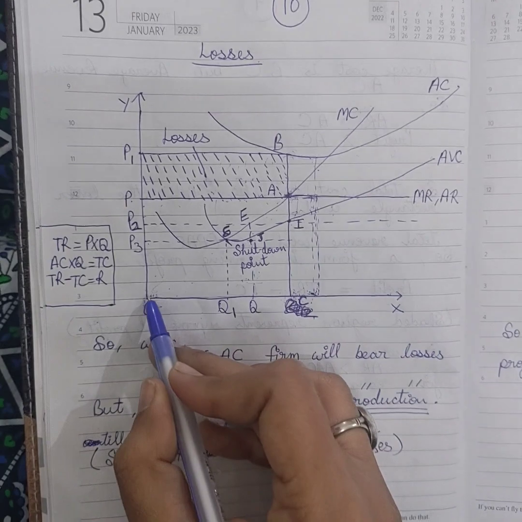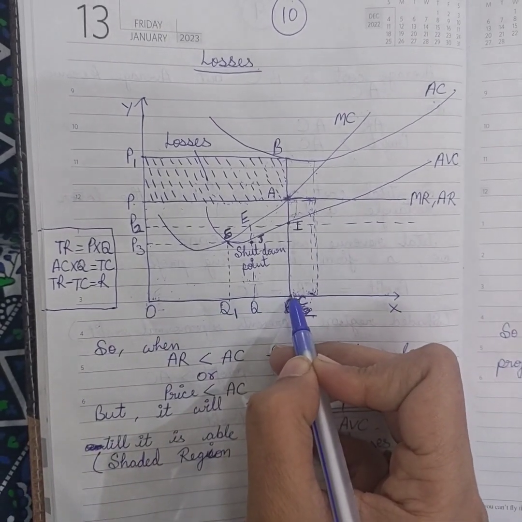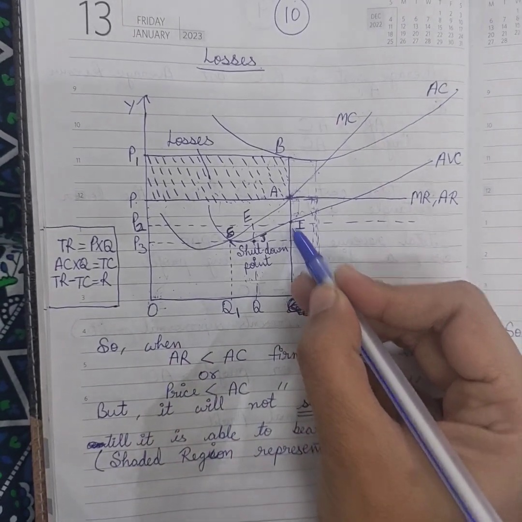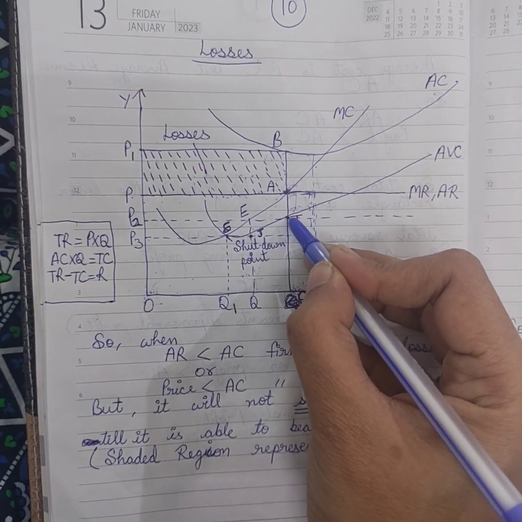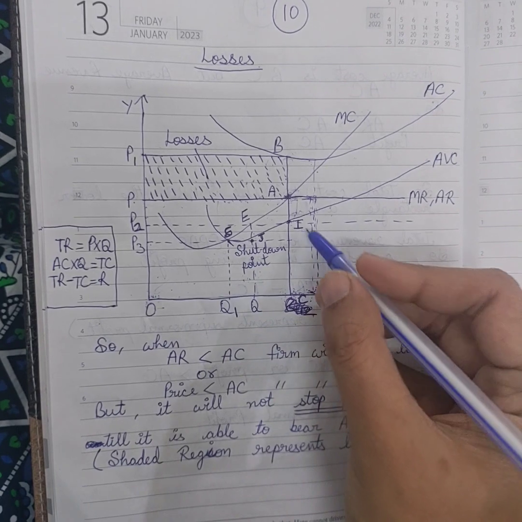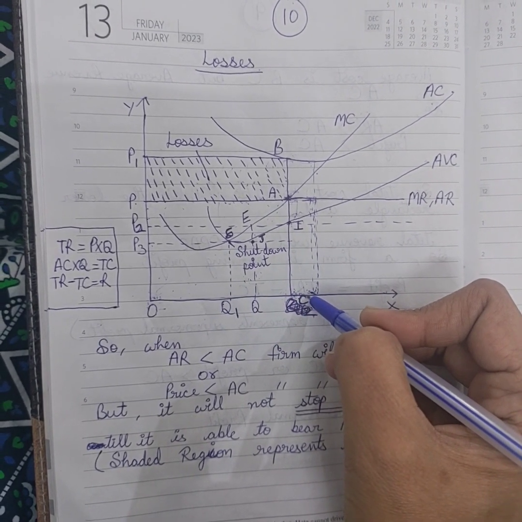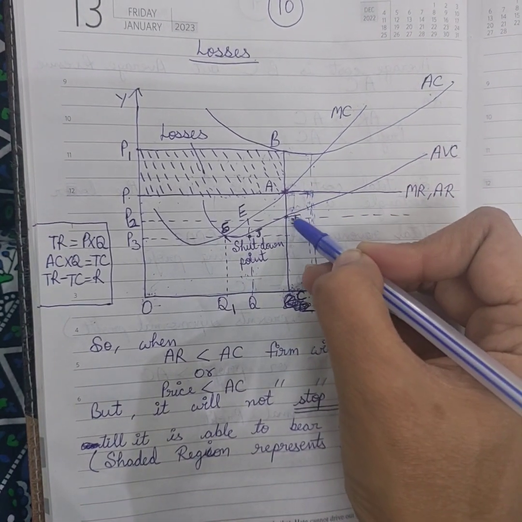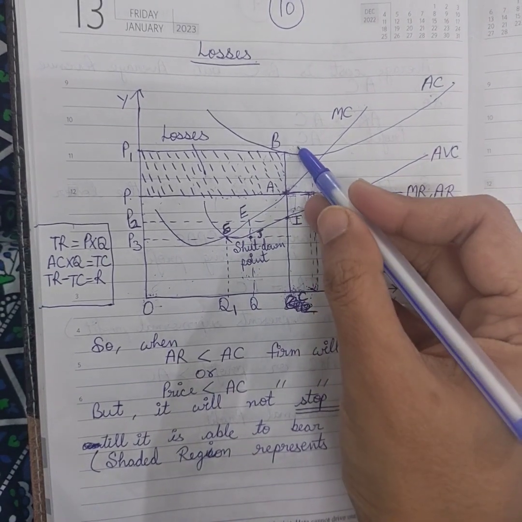So at OC output, this is point C, and this point is I. IC is the average variable cost, and IB is the average fixed cost.